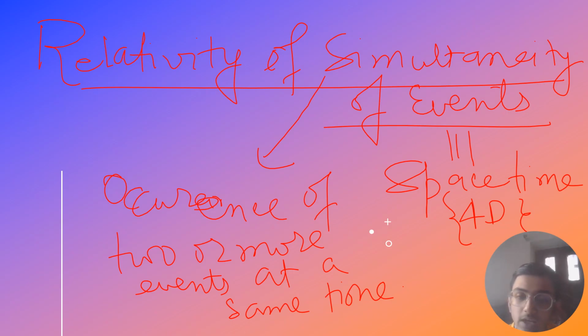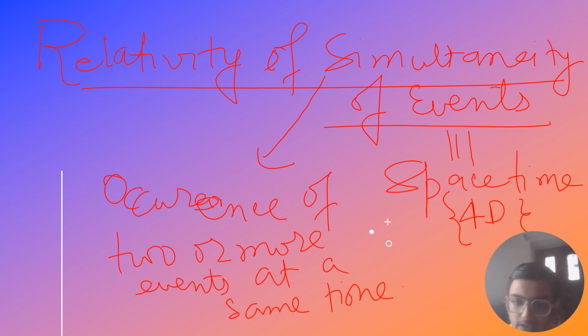So we will discuss that events are simultaneous in one particular frame, and show non-simultaneity in the other frame of reference. That is our main agenda in understanding the relativity of simultaneity of events.